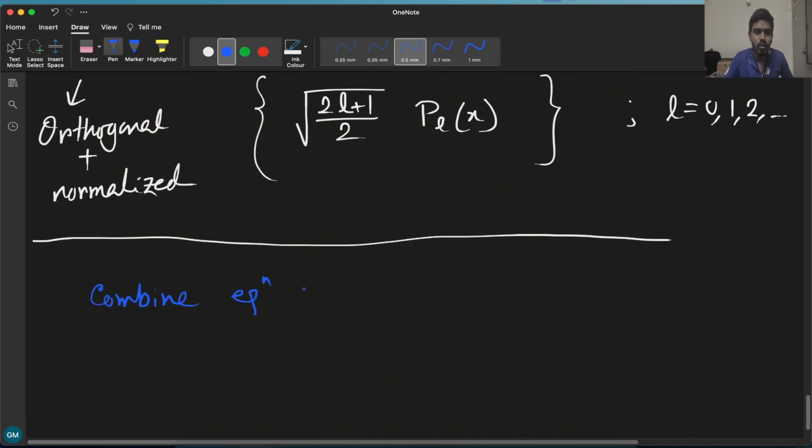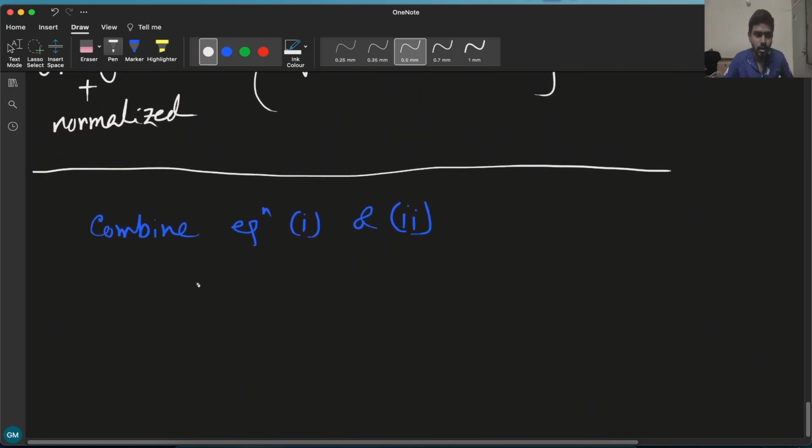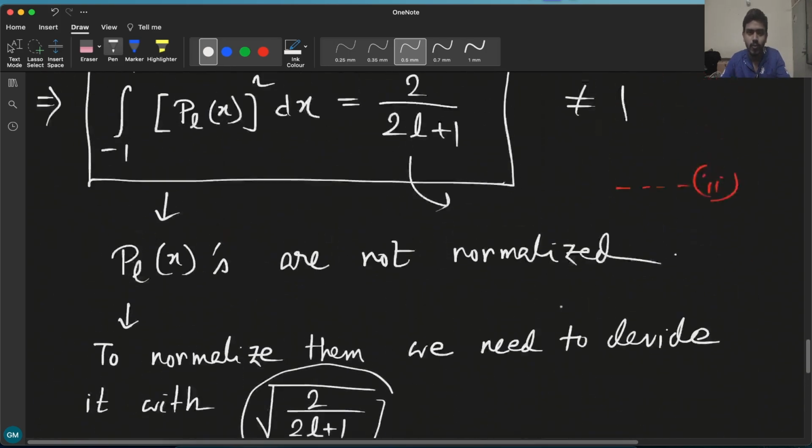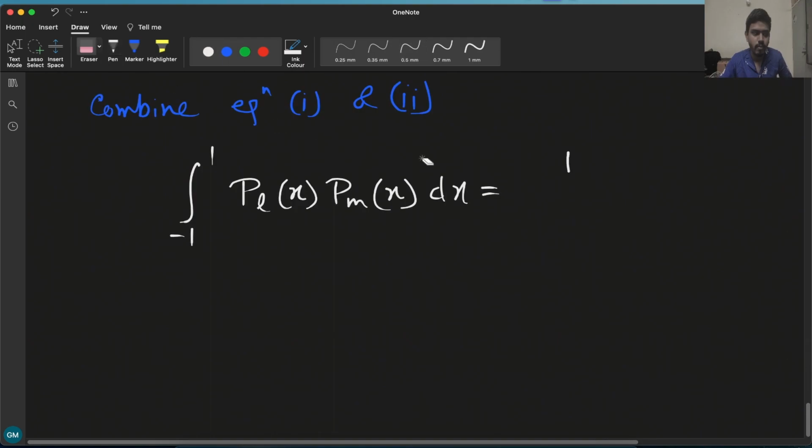Combine equation 1 and 2, and I can write the integration from -1 to 1 of PL(x) times PM(x) dx equals 2 by 2L plus 1 delta ML.